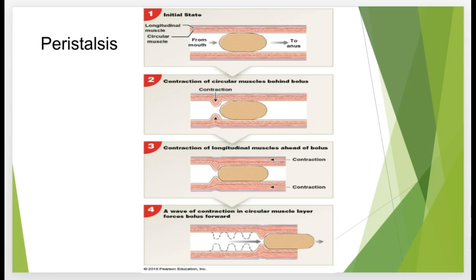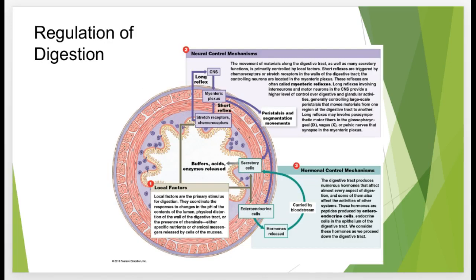All right, we have regulation. We have to regulate the GI reflexes, and that is typically done by your enteric nervous system. I talked a little bit about this when we were going over the nervous system in depth, but your enteric nervous system is what controls the motility of your digestive system.